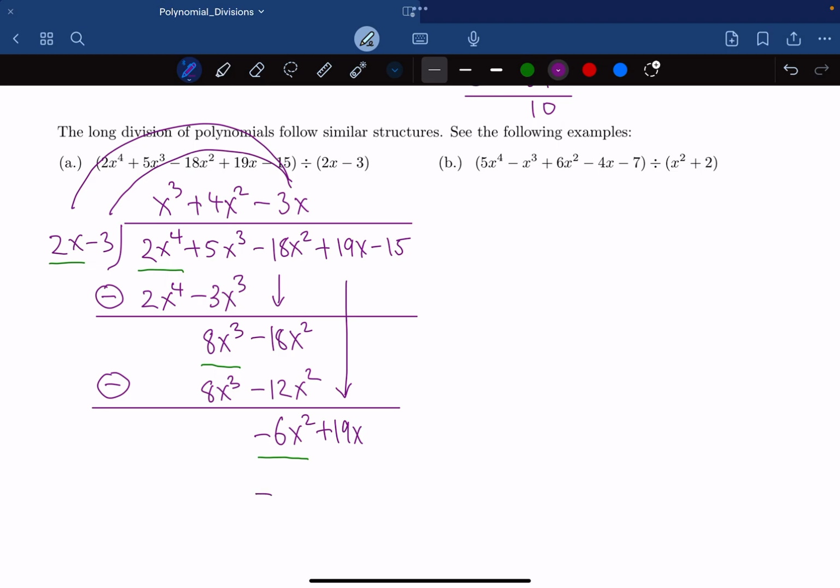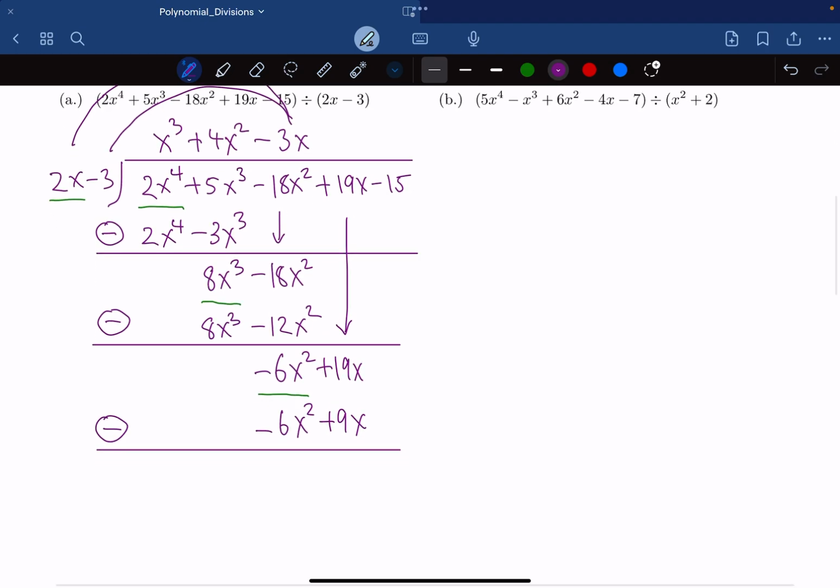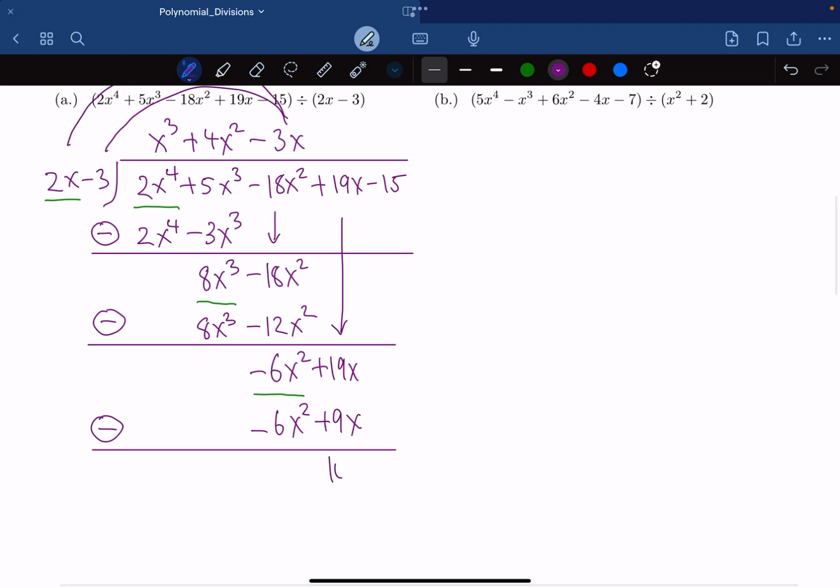I have negative 6x squared plus 9x. And I subtract. The negative 6x squared, they go away. 19x minus 9x is 10x. And I drag the last number down.